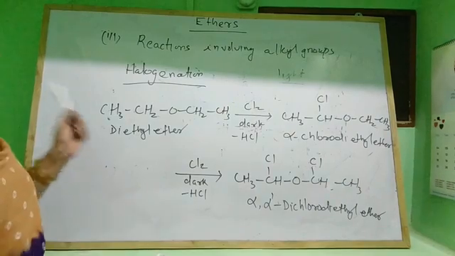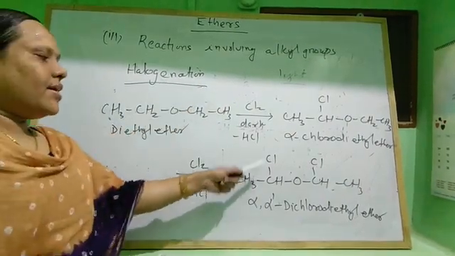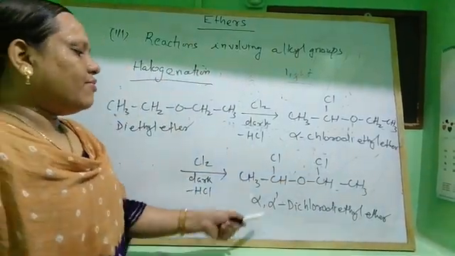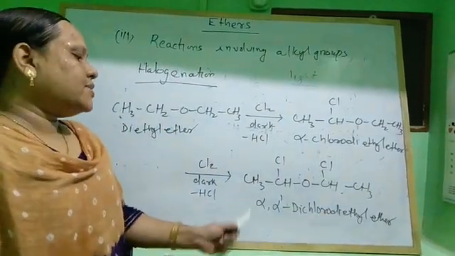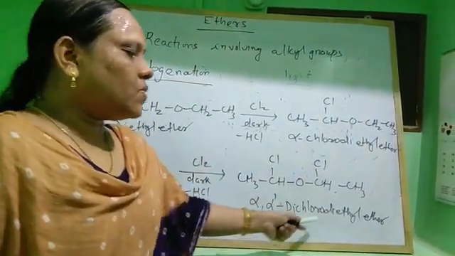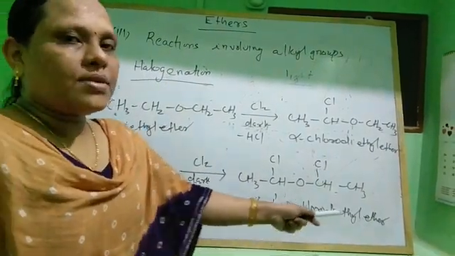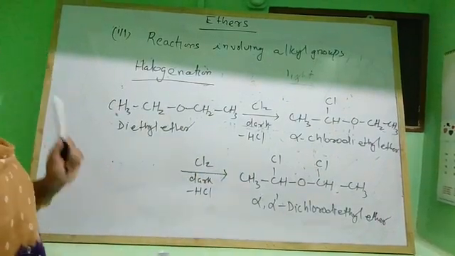So when diethyl ether reacts with chlorine in dark, the alpha hydrogen atoms are replaced by chlorine to form alpha alpha dash dichloro diethyl ether, or we can say 1 1 dash dichloro diethyl ether.